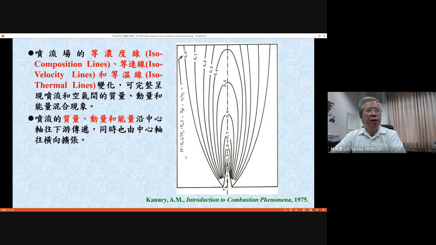For example, we use this as a non-dimensional temperature representation, and this YF means, if you assume this is a fuel jet, we look at the mass fraction of fuel in these regions. And you use U, the actual velocity at different positions, divided by the injection velocity, then you will have a non-dimensional quantity.